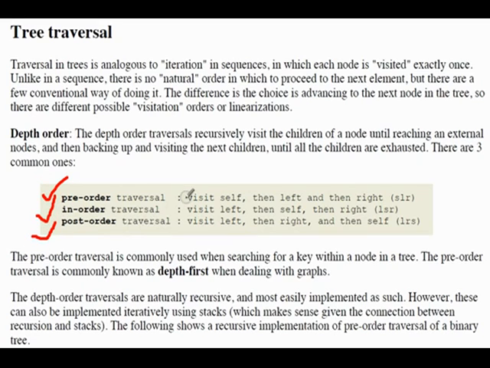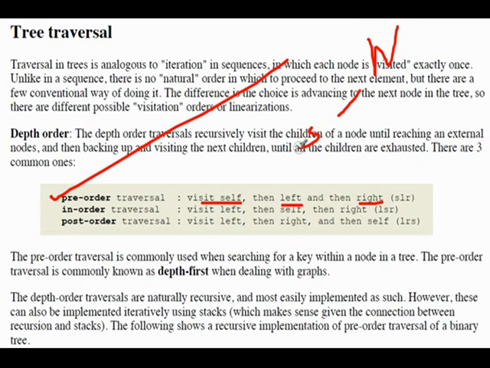You have three types of traversal: pre-order, in-order, and post-order. So for pre-order, you have to visit yourself first, then the left, then the right. So let me draw something. N, S, T, Q, R. So if you're doing pre-order, visit self.